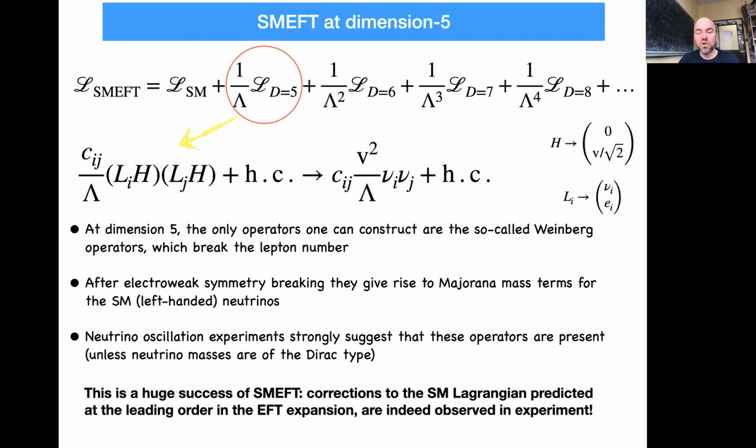So this is a huge triumph of the effective field theory thinking, or the huge triumph of SMEFT. Of course, what I'm saying is a bit ahistorical, because when neutrino masses were observed, a few people were thinking in these terms. People were thinking more about some fundamental theories and string theories and so on.